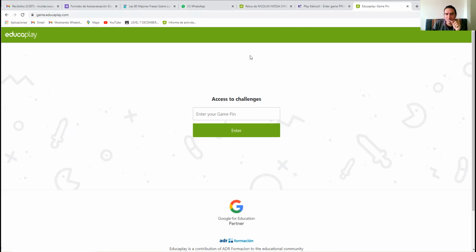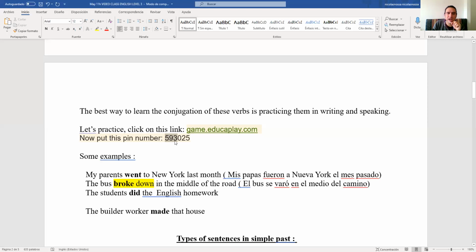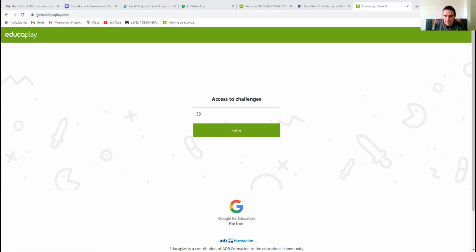Pues, ¿cuál es el pin? Pues el que está aquí en el documento, ¿listo? Lo tienen. 593025, ¿ok? So you click there and then you introduce the code. Listo, entonces le dan clic ahí y digitan el código.